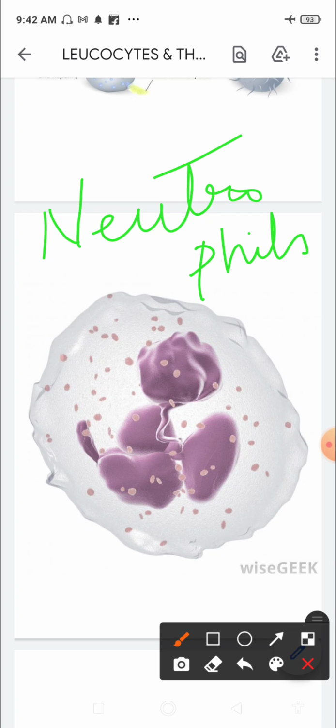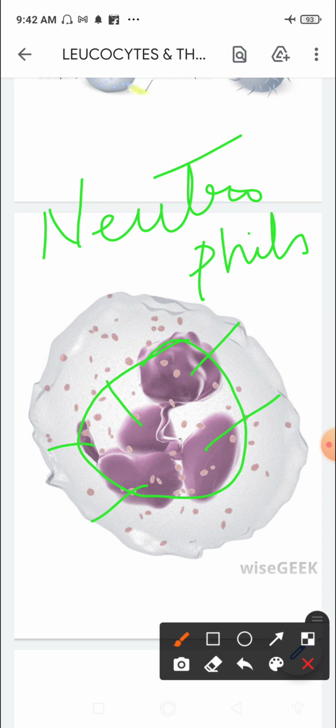The nucleus is actually single, but you can see the nucleus is divided into lobes. These are the lobes into which the nucleus is divided.